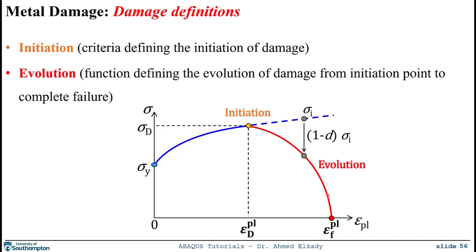The more that you go with the plastic deformation, the more reduction you are getting in the stress, and eventually you are going to reach the failure point. At this point, you lose your material, and then you can see fracture in your model. So what we are going to discuss today is how to define this initiation and this evolution parts.